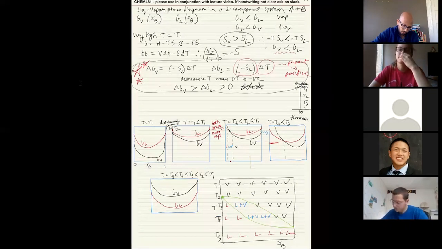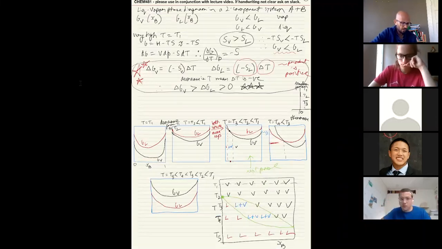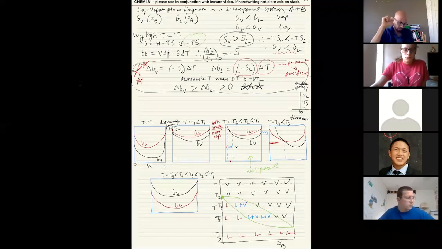Let's focus on this one on the next page. What's really going on over here? Before I do that, the key idea here was that at very, very high temperature, liquid free energy is always higher than vapor free energy because entropy dominates, because G is approximately equal to minus TS.